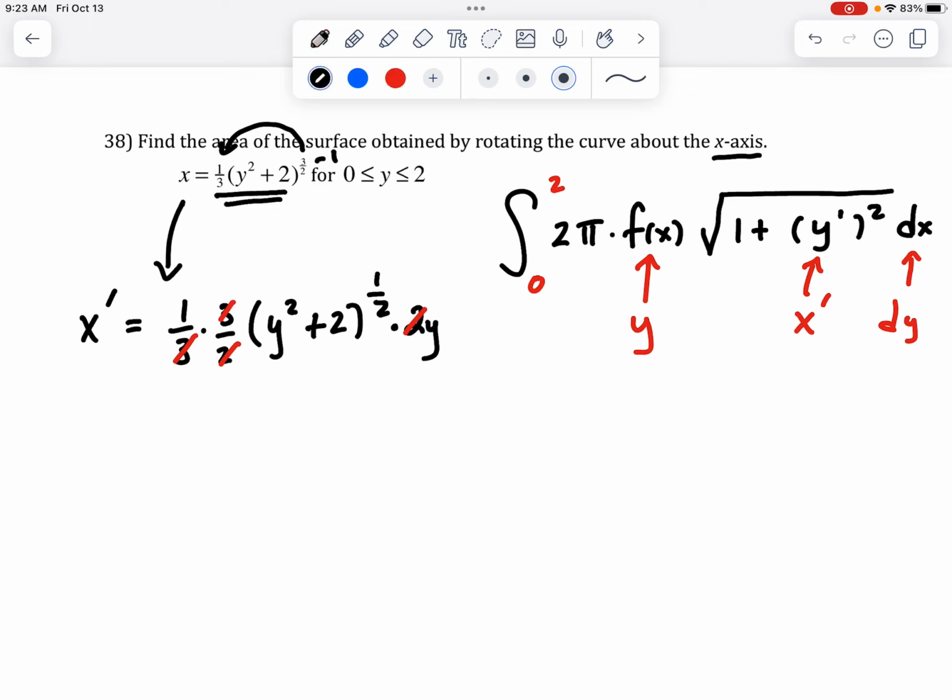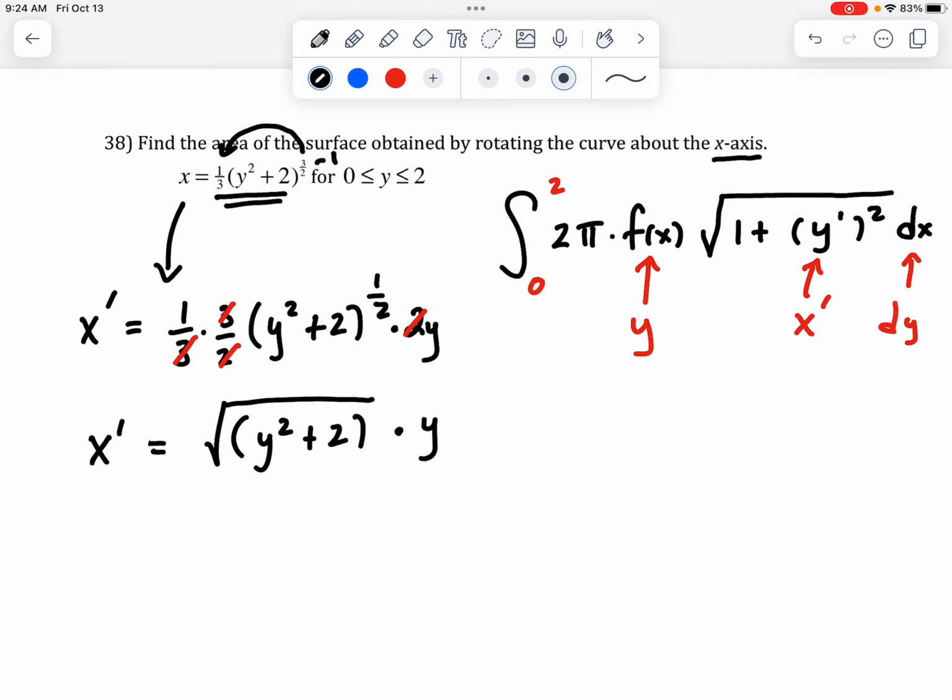So we've got that x prime is equal to the square root of y squared plus 2, since the 1/2 means it is in a square root, and then outside the square root there is the y. And I need to square the derivative, so I'm just going to do that part right now.